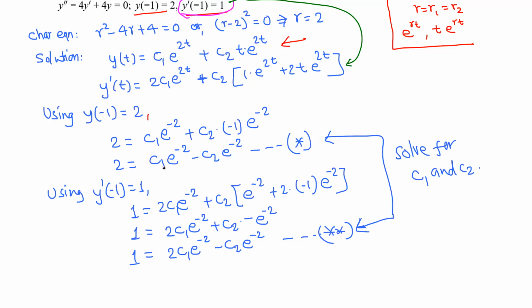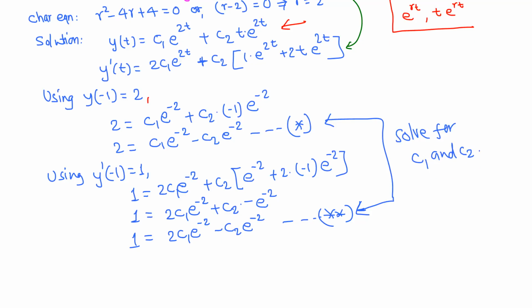So multiply the second equation by -1 and this becomes positive, and when we add star and double star, they cancel. So multiply this by -1 and add with the star. When we multiply by -1, this is the same as -1 equals -2c1 e raised to -2 plus c2 e raised to -2.